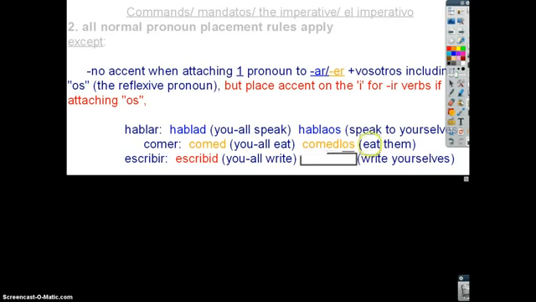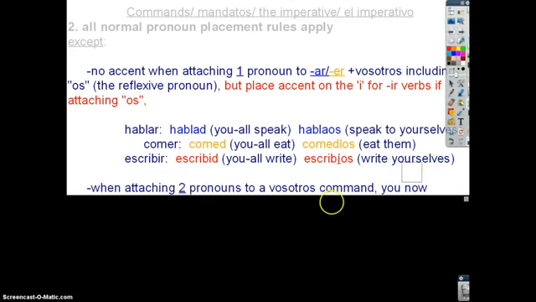Of course, if I was attaching os, I would drop the D first, but since I'm adding a direct object pronoun, it stays there. But let's look at what happens to escribir when I attach os to it. First, of course, I drop the D, but I also add an accent to the letter I. If I were to have added los, no accent. It just happens if I'm attaching os.